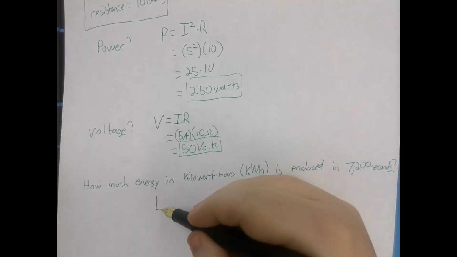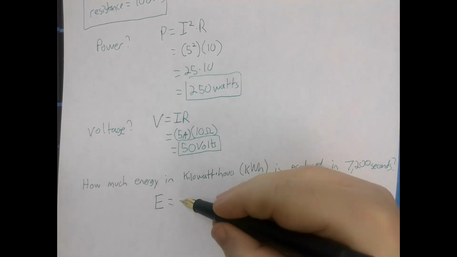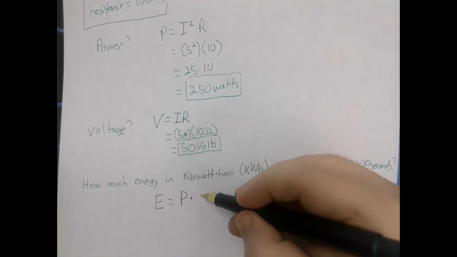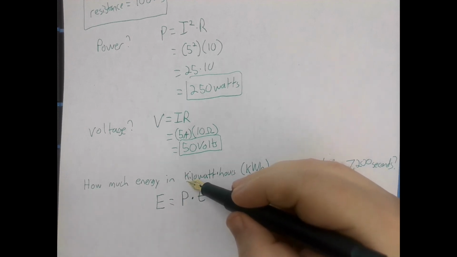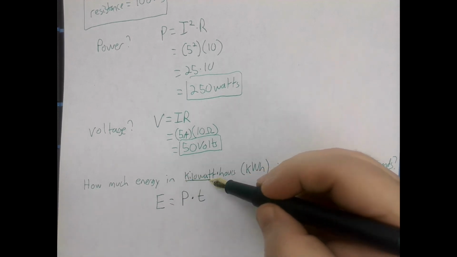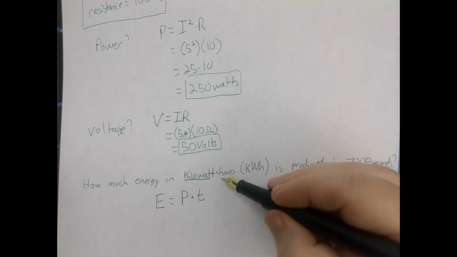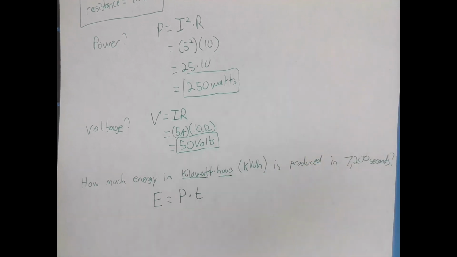So energy is equal to power times time. We want our power in kilowatts, and our time in hours.